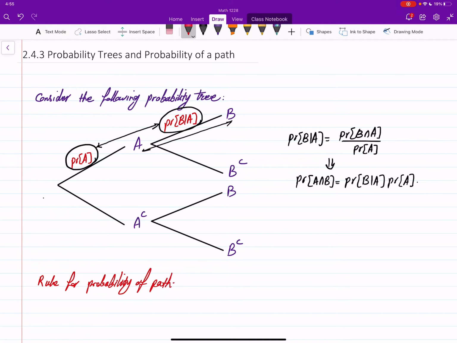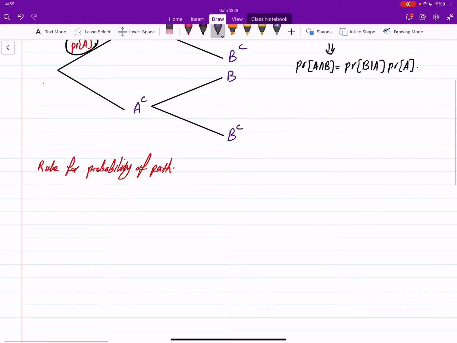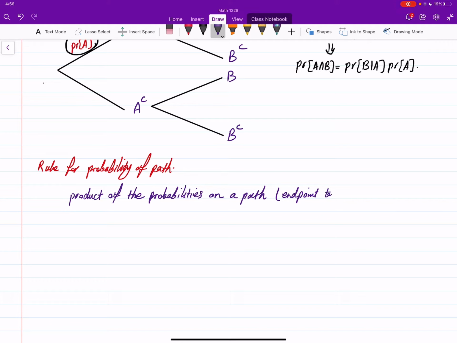So it says that the product of the probabilities on a path, here meaning from an end point to the root, or terminal node to the root.